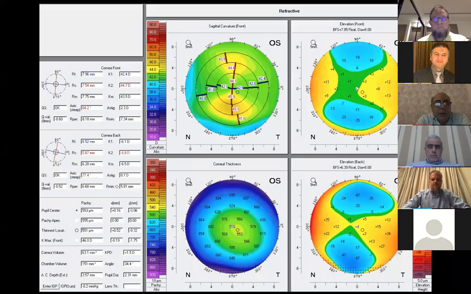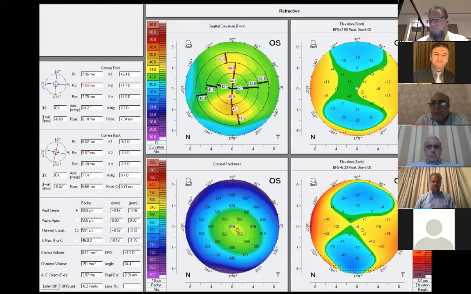If you think of LASIK, you have to calculate the PTA. So if you think of a flap of 120 or 130, plus the ablation, the total refraction here is 3 diopters. So 3 diopters, 45 microns if the optical zone is 6.5. It's okay.